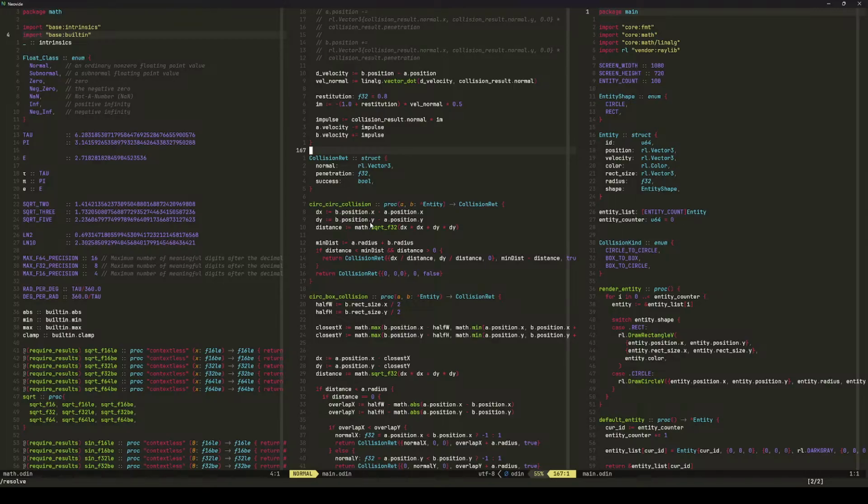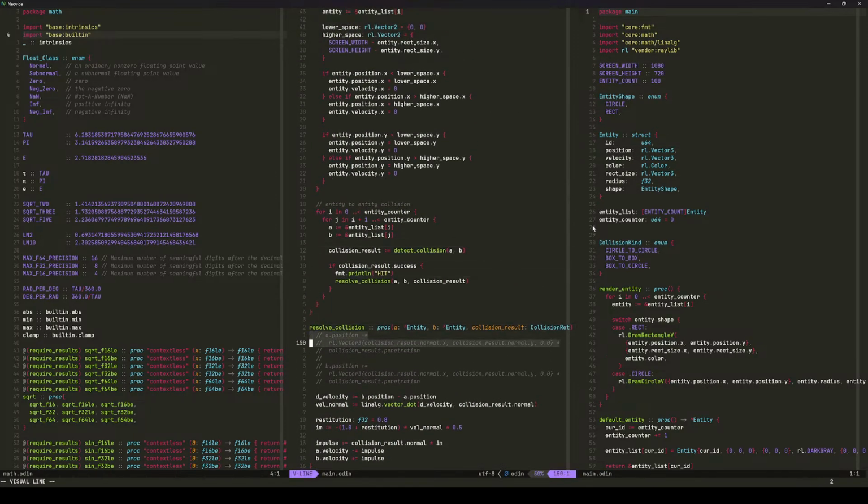Impulse. Probably I need to apply correction. Can I just do this?